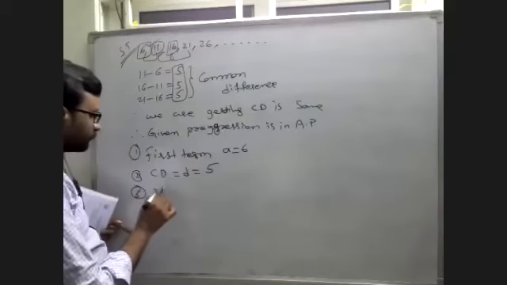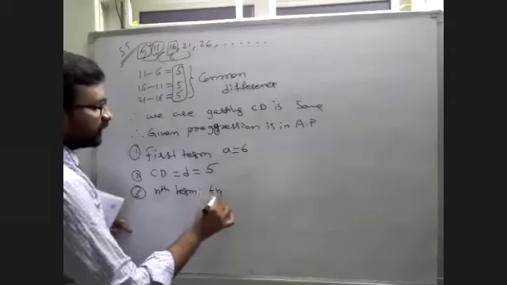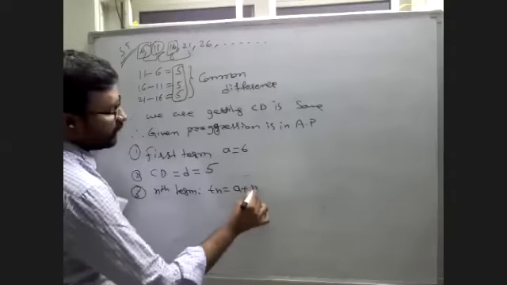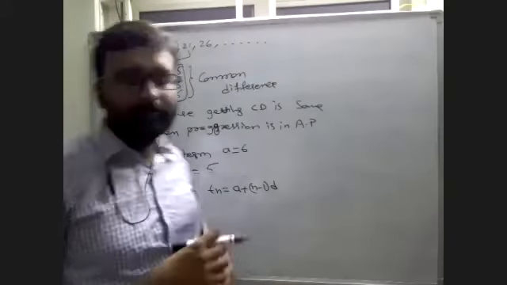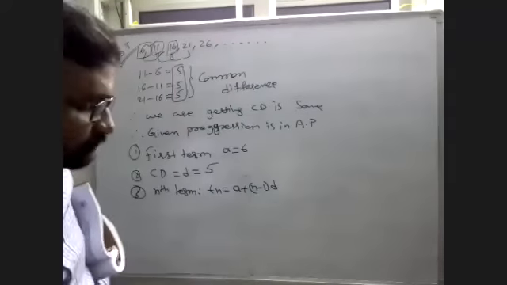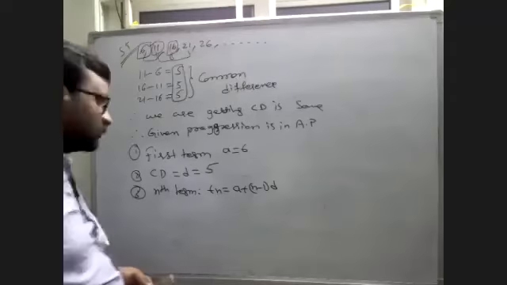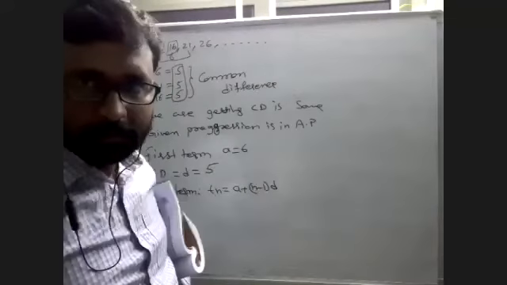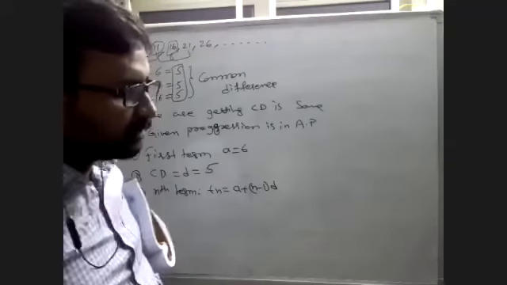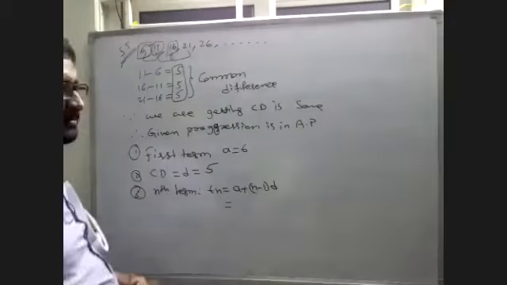The nth term. What is the nth term formula? Tn is equal to a plus (n minus 1)d. What is the formula, Jibin? A plus (n minus 1) into d, sir. Yeah, now tell me what is the value of a? A is 6, sir.